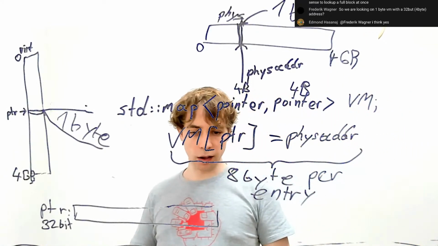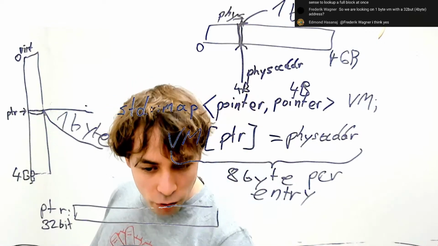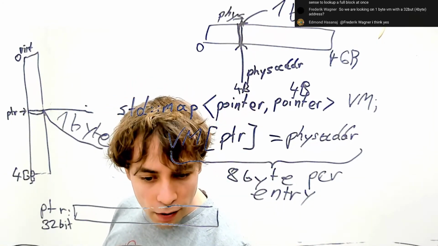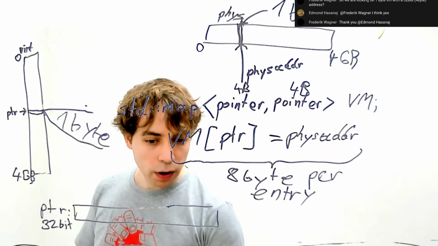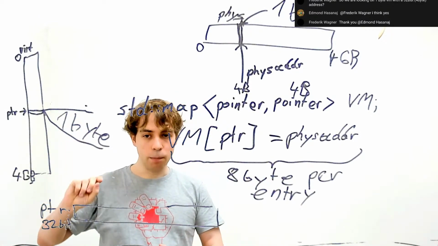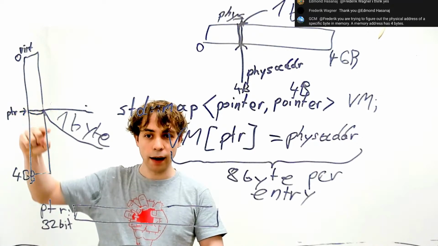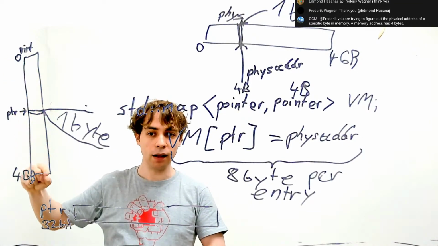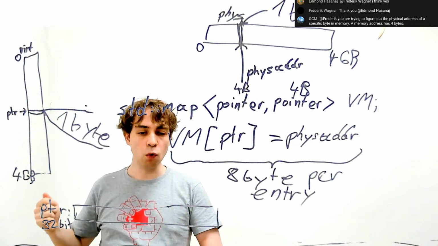Then there are more questions in the YouTube chat. I won't read this one because I will get to that in a second. So we are looking at 1 byte in virtual memory, yes, but with a 32-bit, 4 byte address, because we need to be able to find any byte in this virtual memory, and it has 2 to the 32 bytes.